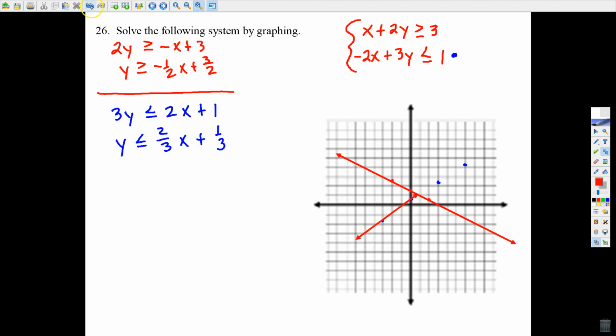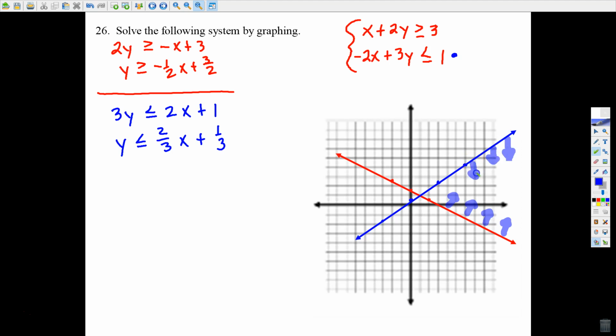Oh, change the color. All right, and now let's do the shading. This says for the red line, we're going to shade the greater than side, which is above. Okay, I'm just pointing to the above side. For the blue line, it says to shade the less than side, which is below.